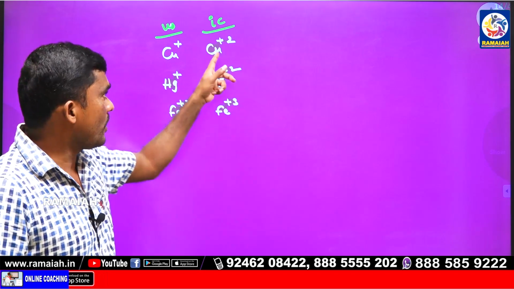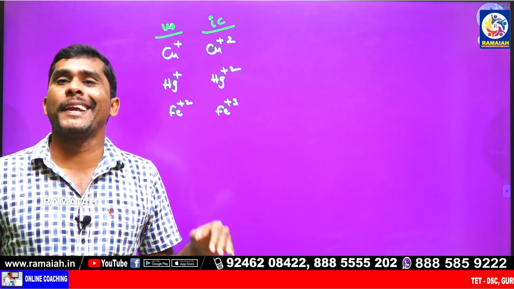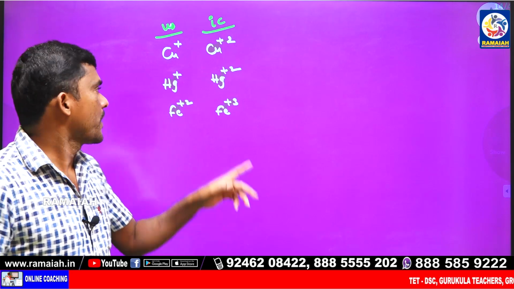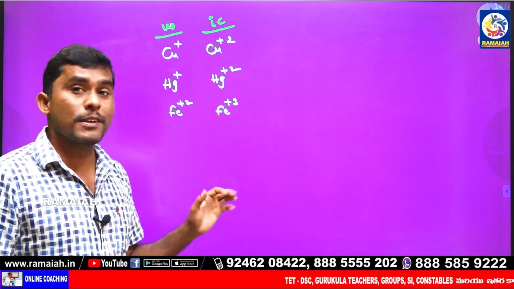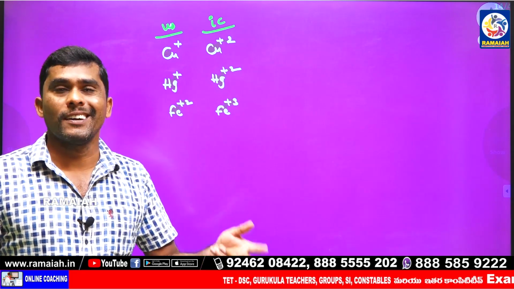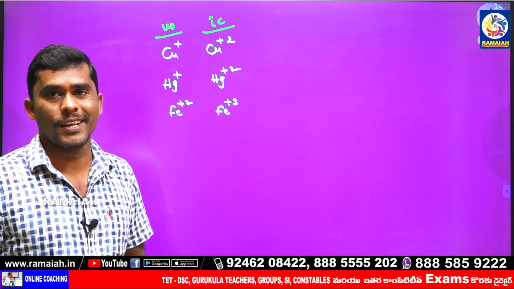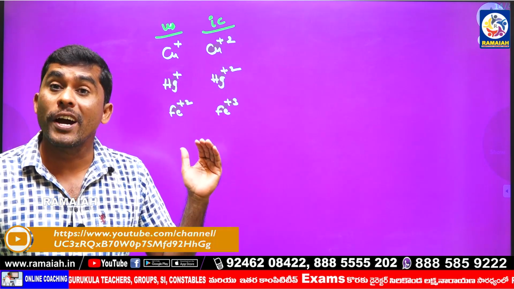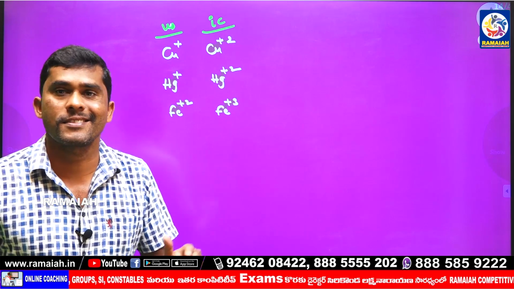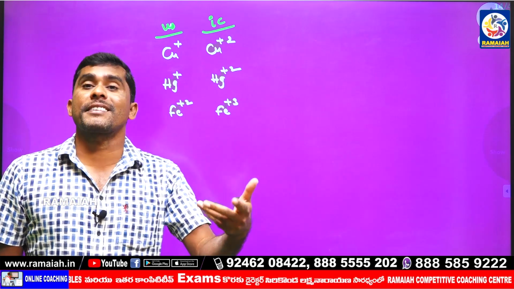Cu2+ is cupric. Hg+ is mercurous, Hg2+ is mercuric. Fe2+ is ferrous, Fe3+ is ferric.